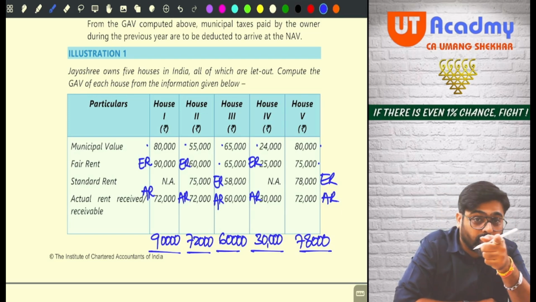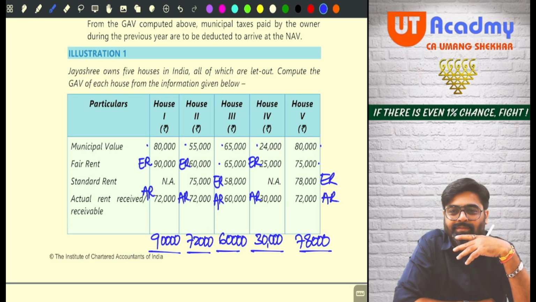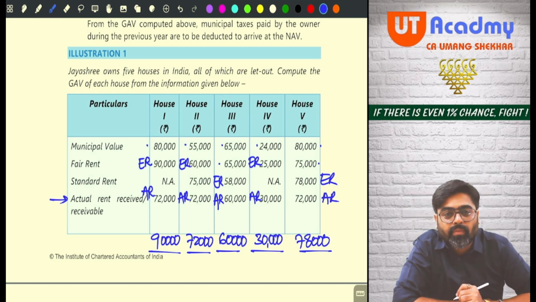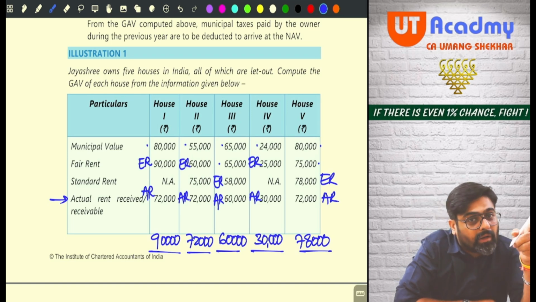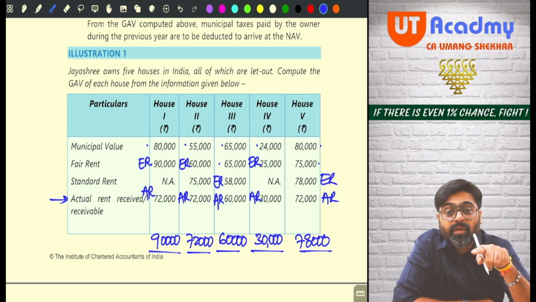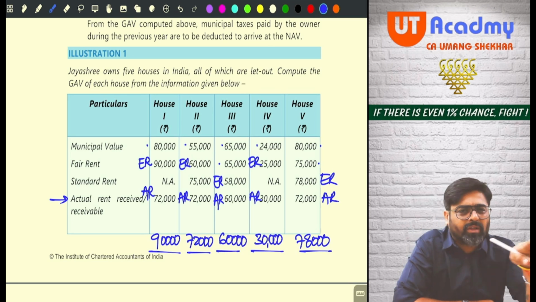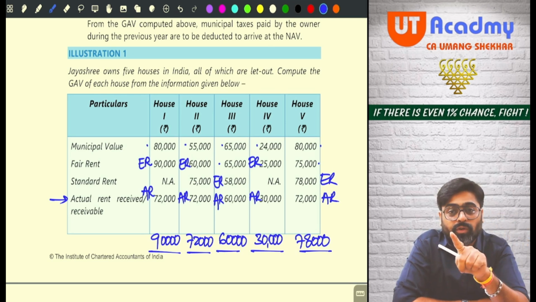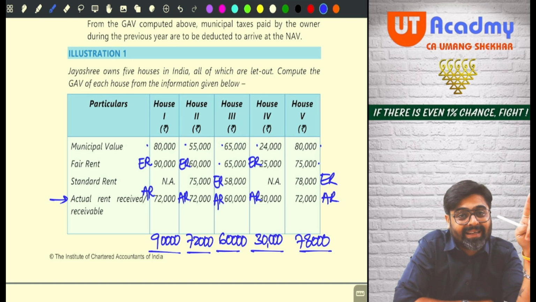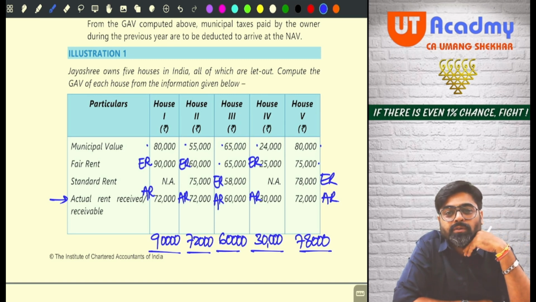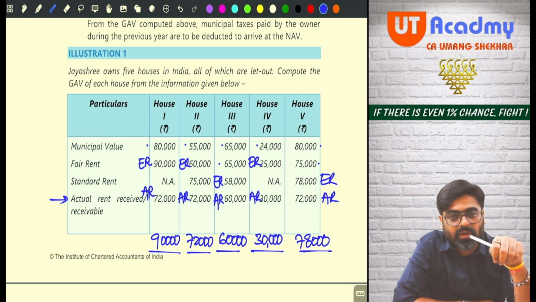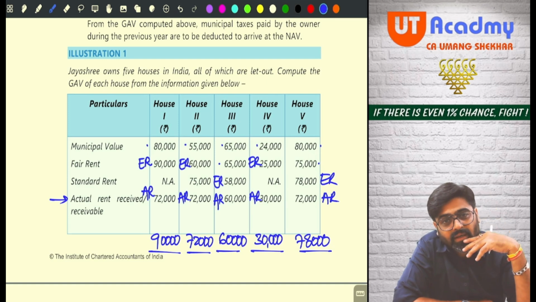What if vacancy was also given in all the cases? Then this actual rent would not be for 12 months. For example, if 2 months vacancy was given, this actual rent was for 10 months. Can you directly compare the 10 months actual rent with expected rent, whichever is higher?